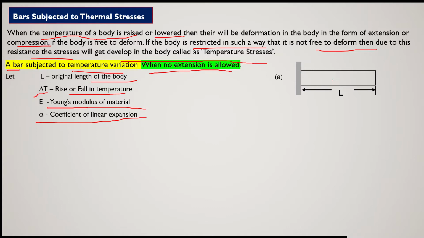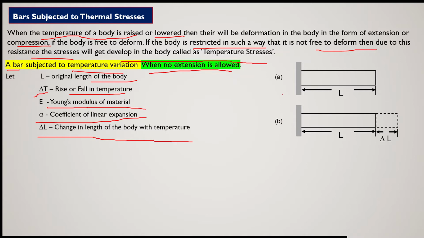That means this member is fixed at the left hand end, and this bar, it may be steel or any other material, has original length L. Now delta L will be the change in length of the body with temperature. That means if you raise the temperature, then delta L will be an increase in length, and if there is a decrease in temperature, then delta L may be a decrease in length.